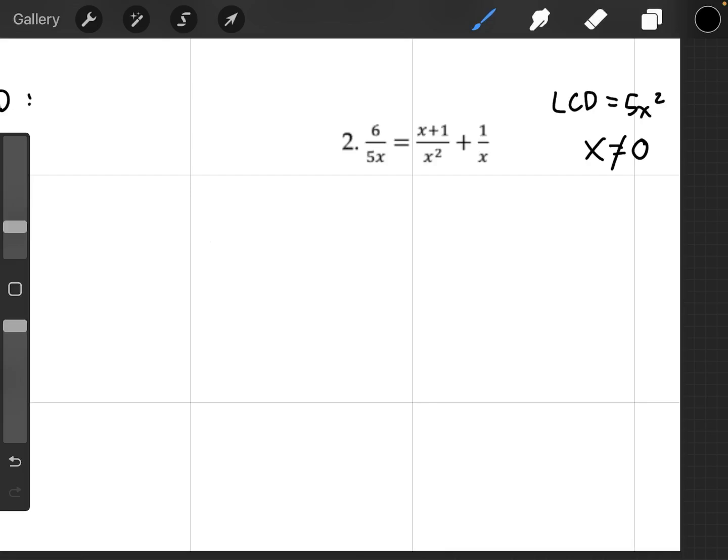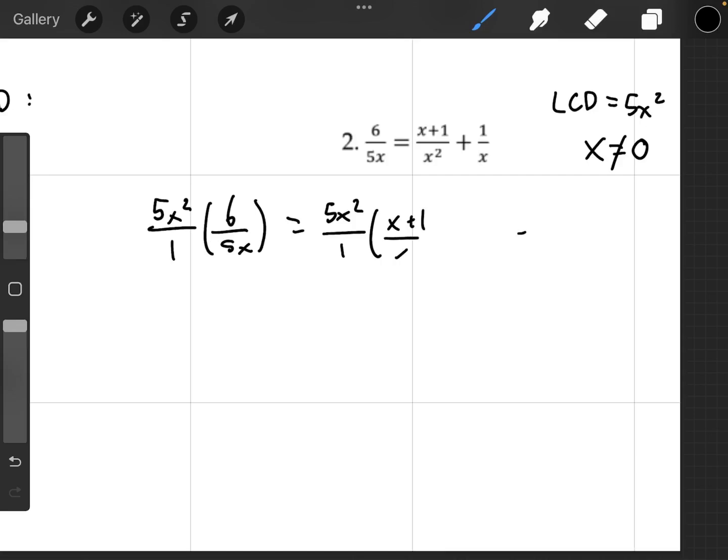With our least common denominator, we can go and multiply it by all the terms.